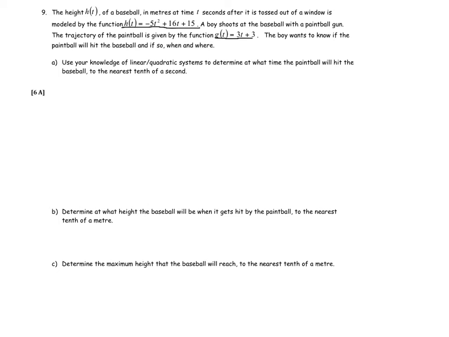Whenever they hit, it means that their height has to be equal, so this means that negative 5t squared plus 16t plus 15 has to be equal to 3t plus 3. Moving this to the left and simplifying, we get negative 5t squared plus 13t plus 12 is equal to 0.